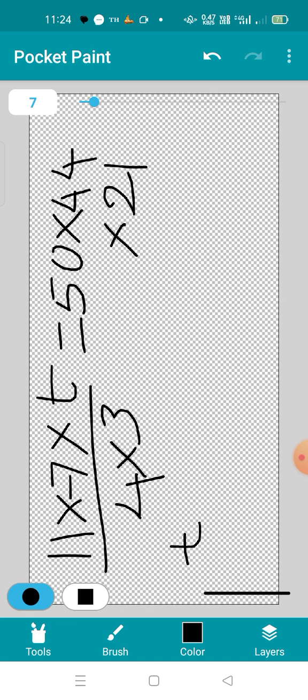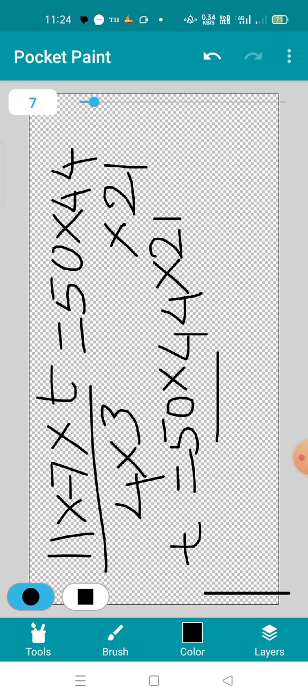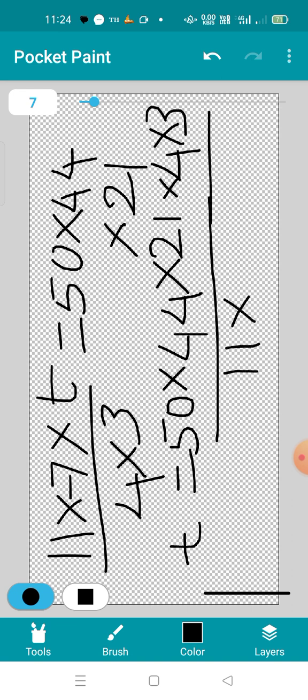So t will be equal to 50 into 44 into 21 whole divided by, or we can first multiply this 4 into 3, so 4 into 3 divided by 11 into 7.